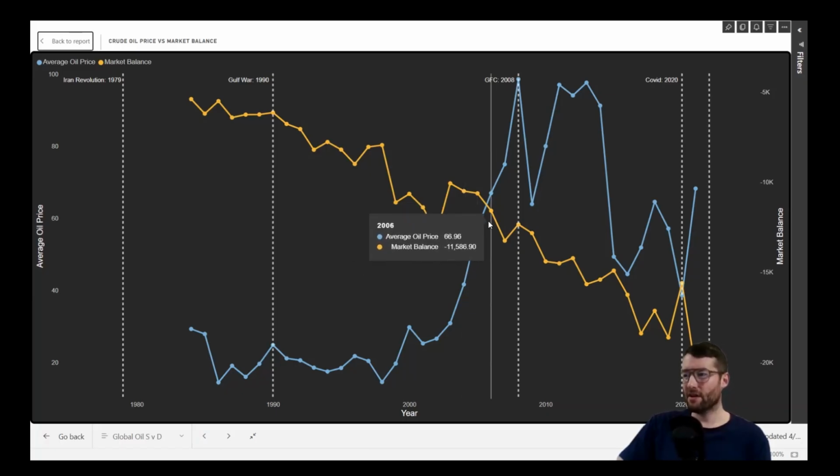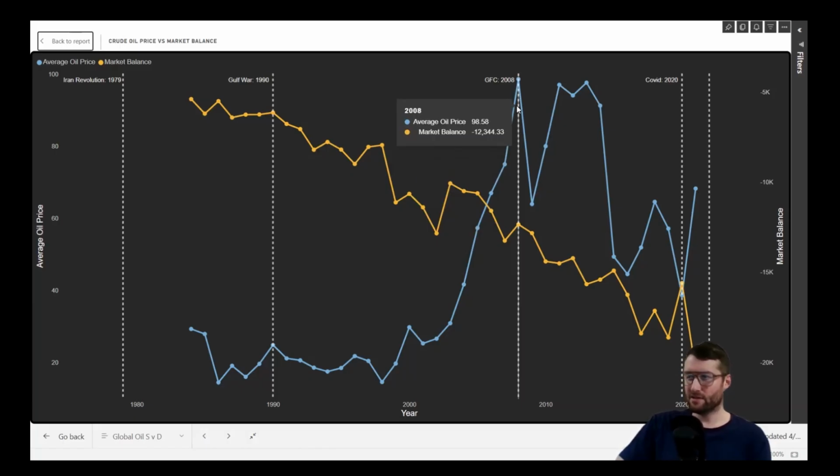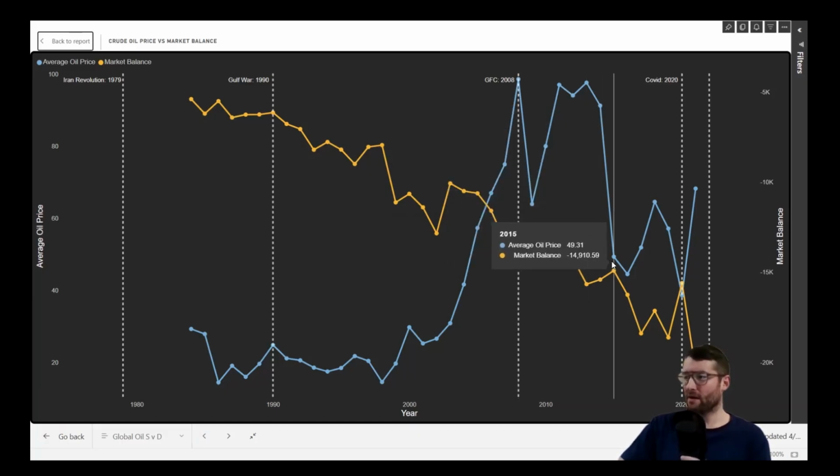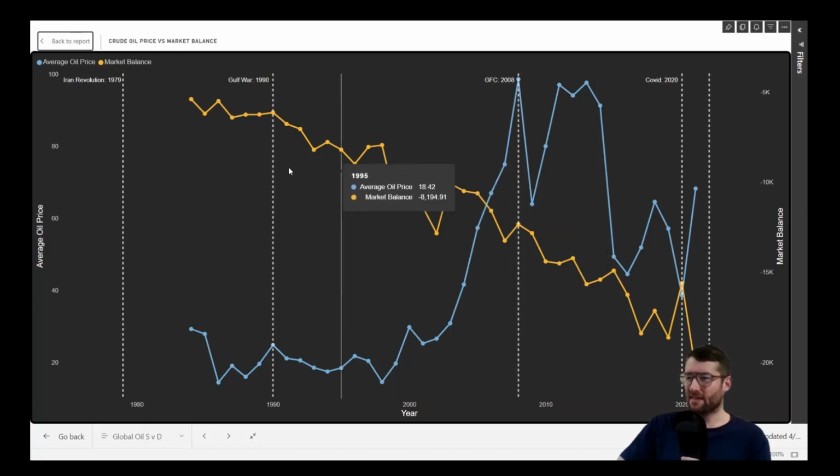Just before the GFC in 2008, oil price was quite high and the market balance was negative 12,000. Another time, when it was a bit lower, the oil price is 49 and the market balance was negative 14,000. So we can definitely see that relationship.